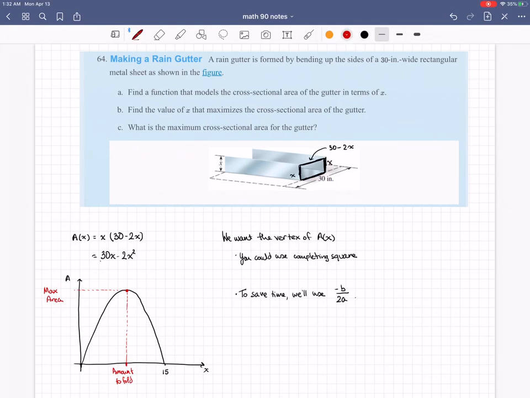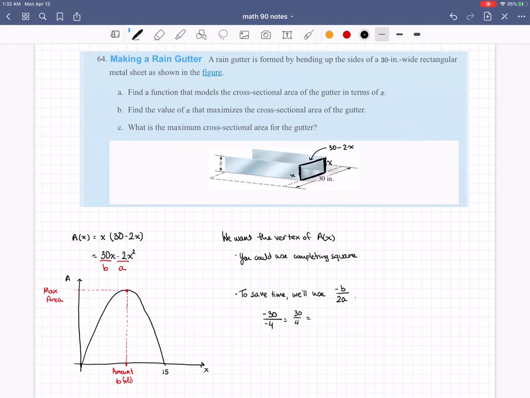Looking back at our function, b is 30, a is negative 2. So remember, b is the x coefficient, a is the x squared coefficient. So negative b is negative 30, 2a is negative 4. That's 30 over 4.